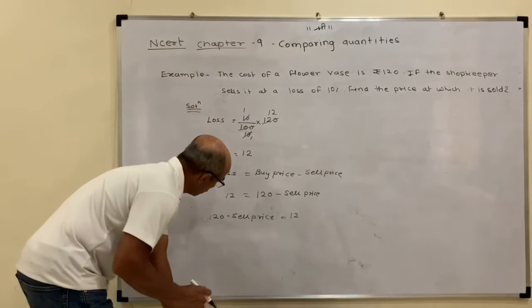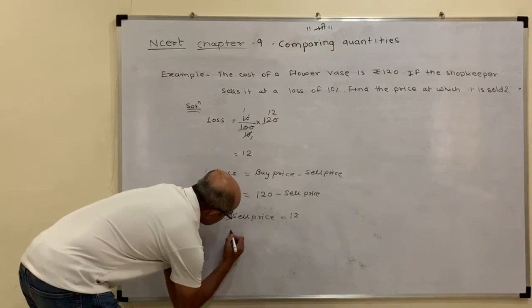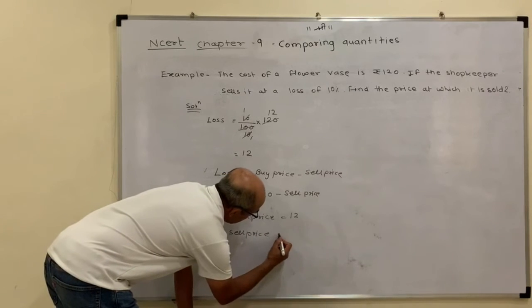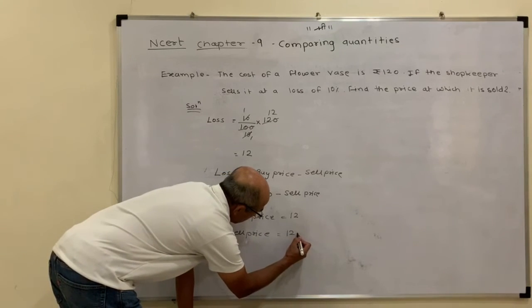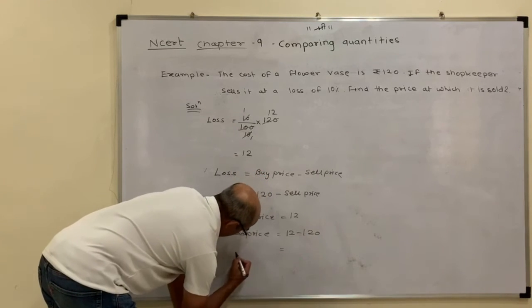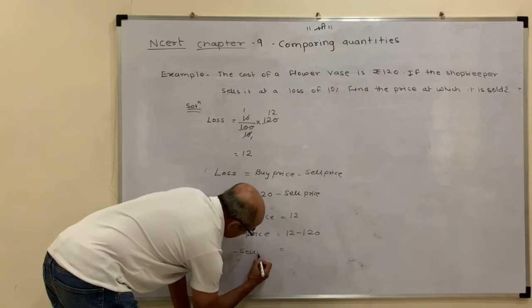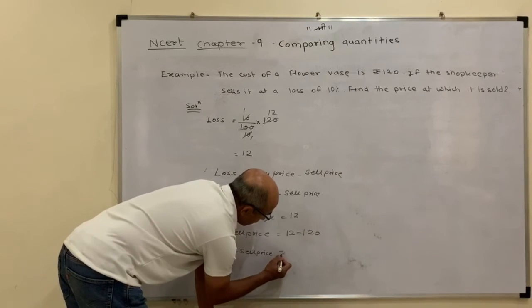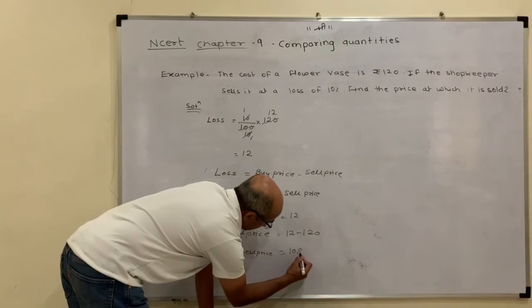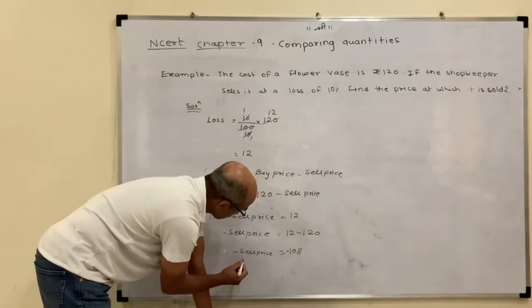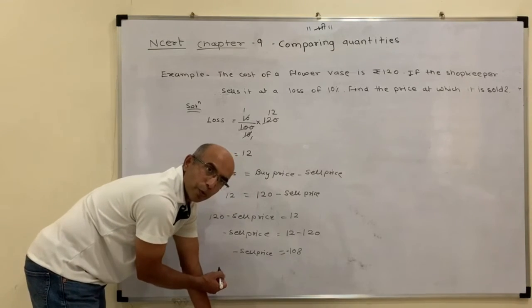So minus sale price equals 12 minus 120, which is minus 108, a negative, since the larger number is negative.